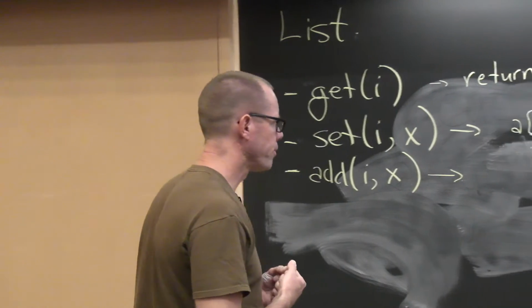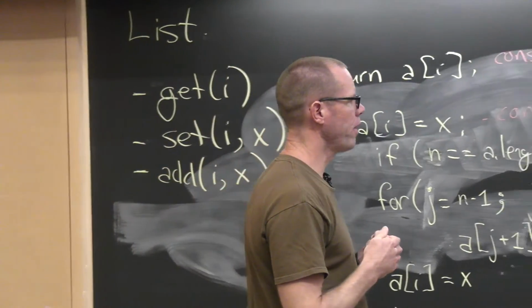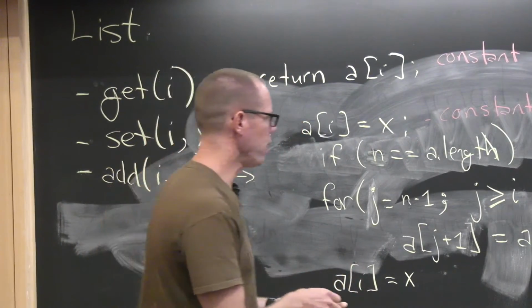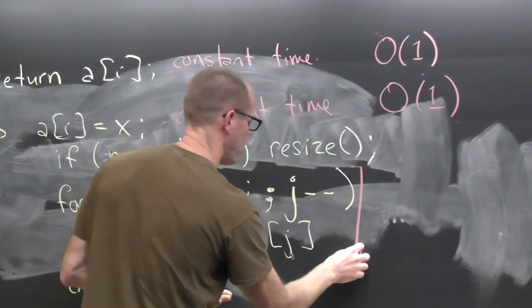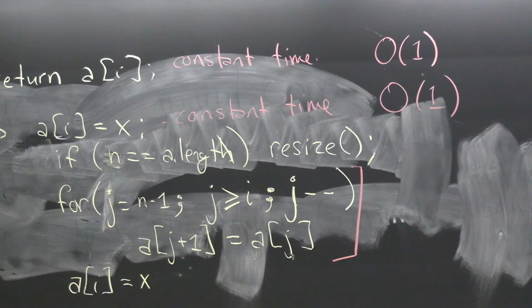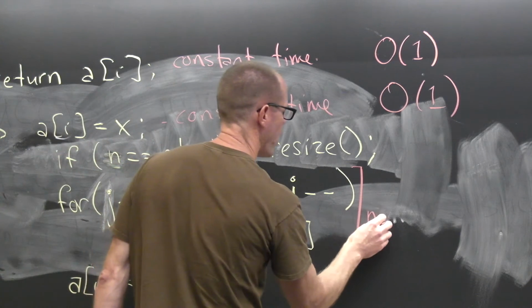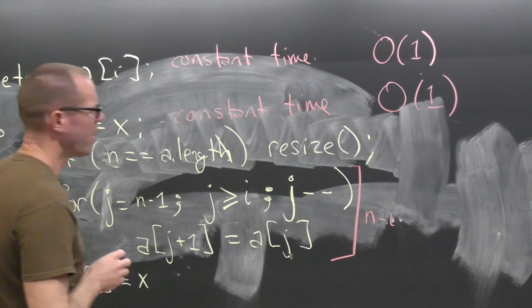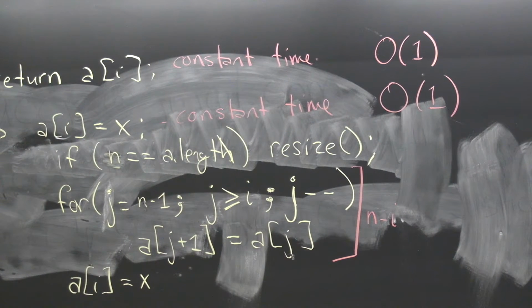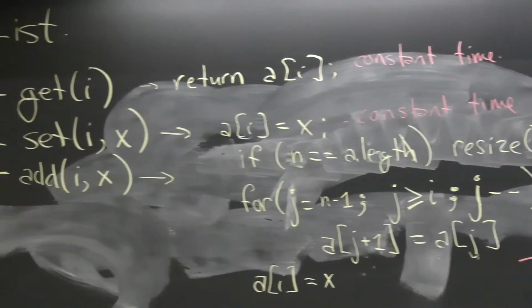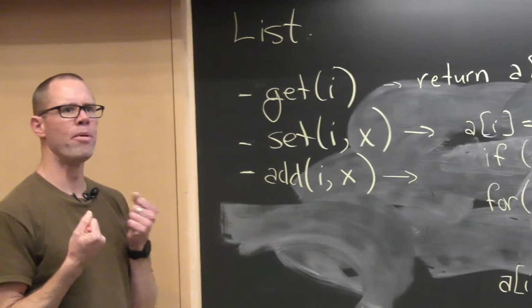In fact, we can think of this loop here and what it does. How many times does it execute? Yeah. So this loop executes n minus i times. So actually, in terms of the running time of this thing, ignoring resize for now, n minus i is really the parameter of interest.